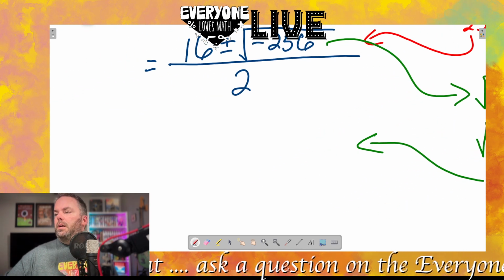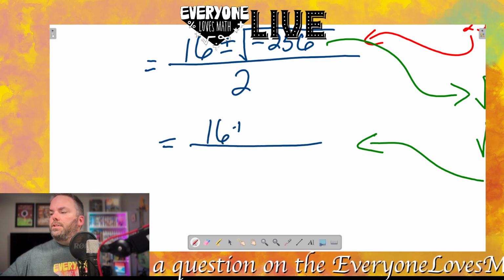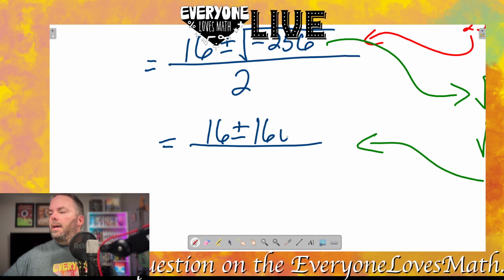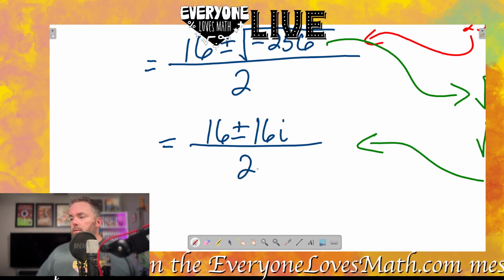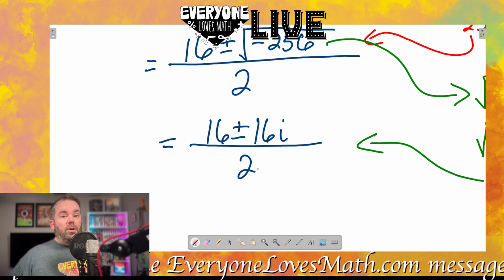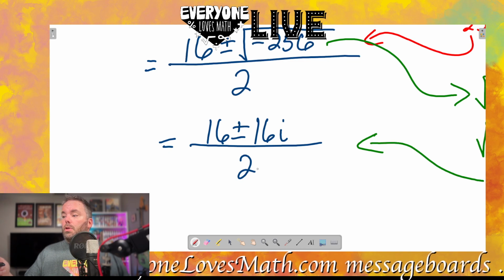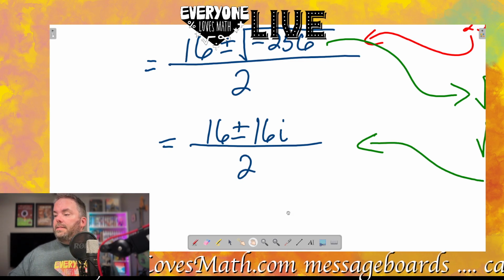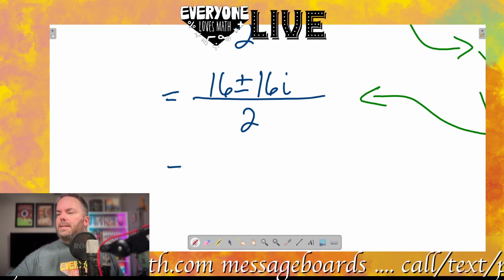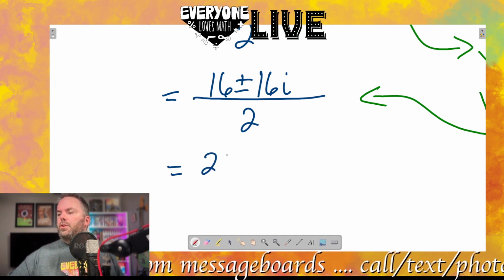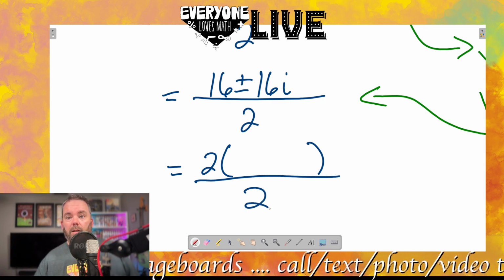Going back here, we would write this problem as 16 plus or minus 16i, divided by 2. We could leave our answer like this. However, this simplifies because the numerator has 16 and 16, and we could divide that by 2. So I'm going to factor a 2 out of the numerator so that I can cancel it with the 2 in the denominator.